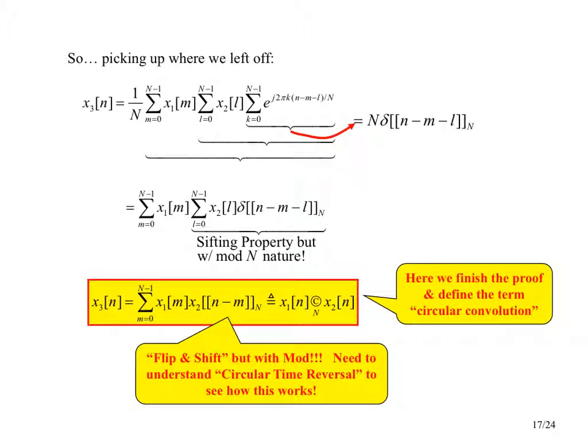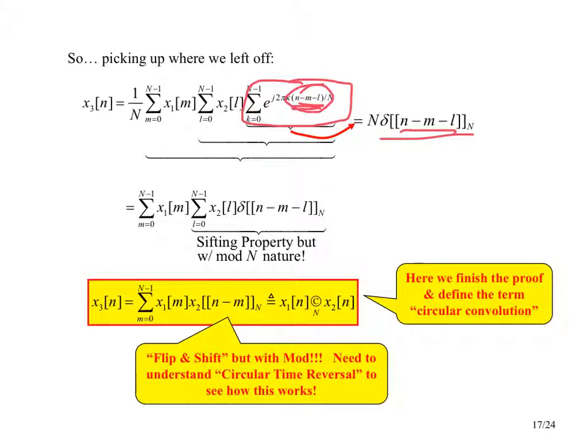So we now have a result for this. Even though we have something a little more complicated here, when it was just n, we had delta of n modulo capital N. Now we've got n minus m minus l, so we've got delta of n minus m minus l modulo N. So we can substitute that in.